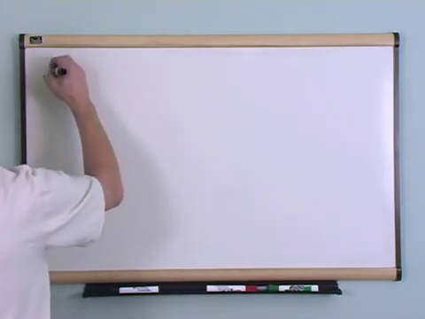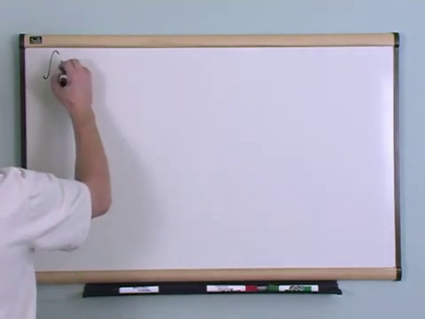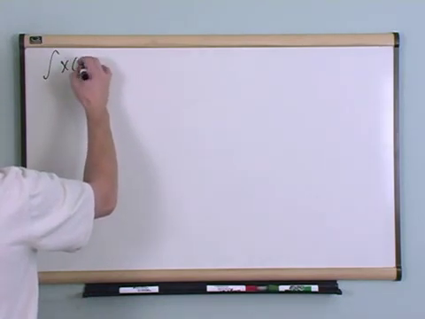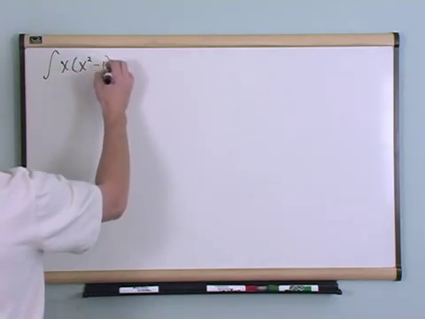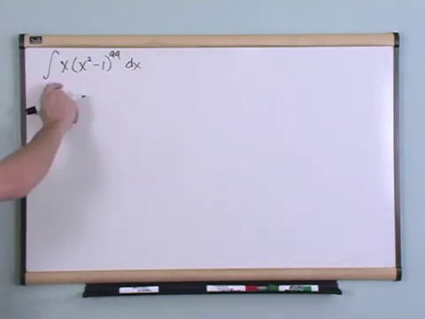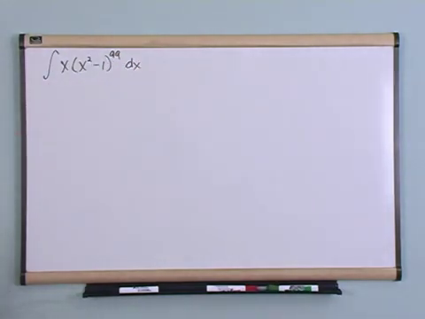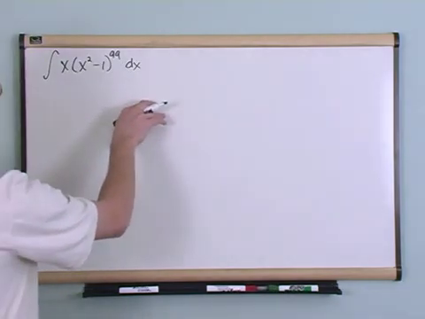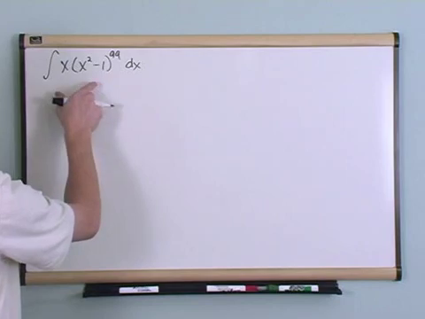So let's say you had an integral that was something like the integral of x times (x squared minus 1), all raised to the 99th power, integrated, of course, over dx, because that's the variable that I have here. Well, obviously, I haven't given you any kind of a formula to learn how to integrate an integral like this.